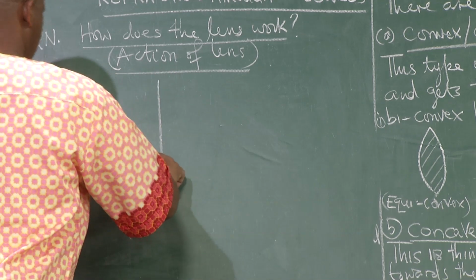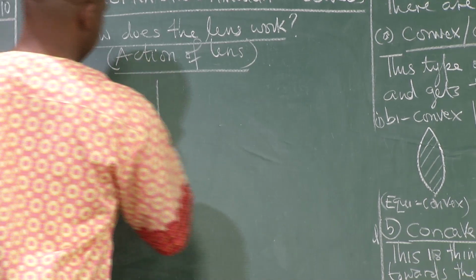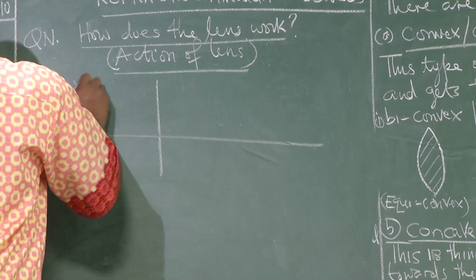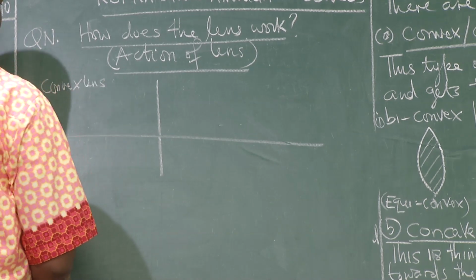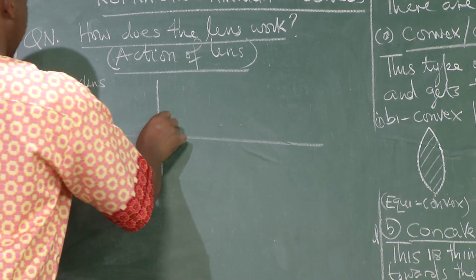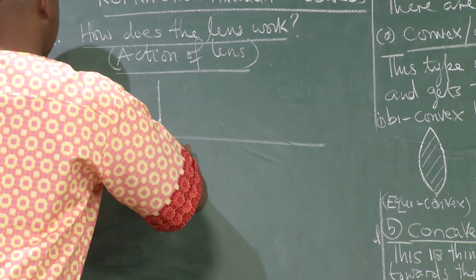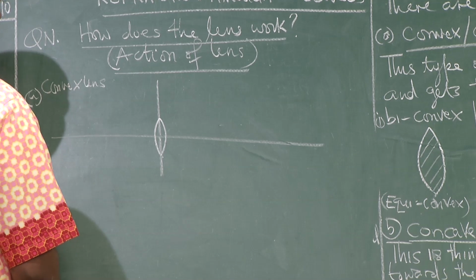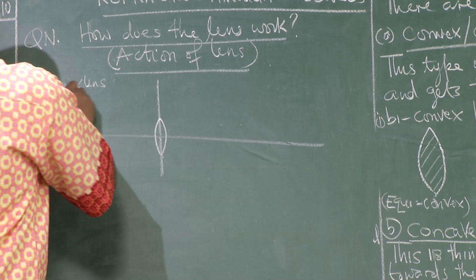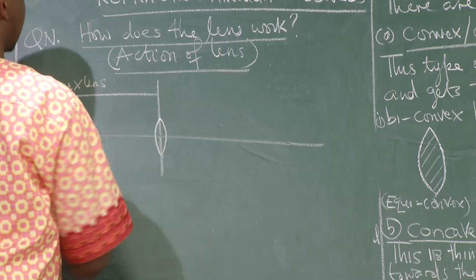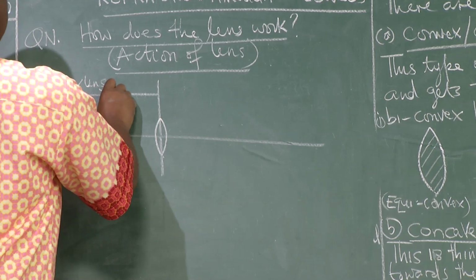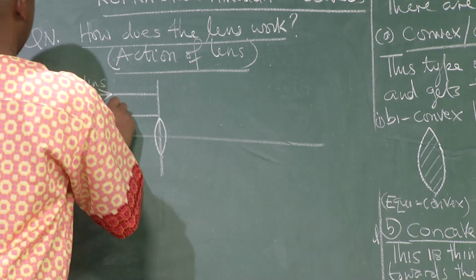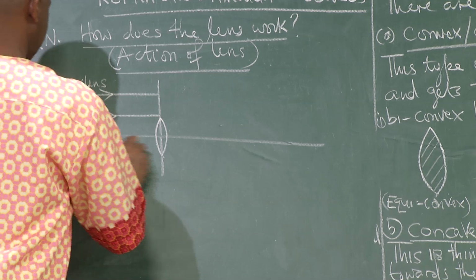If I use this line to represent my convex lens, such that any incident light that hits that line is assumed to have reached the lens, I'll consider two incident light rays on either side.